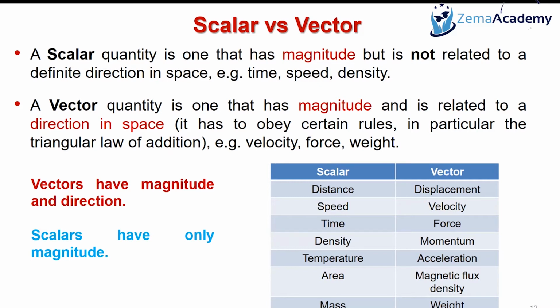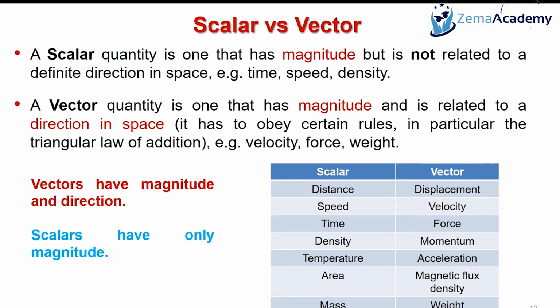Compared to that, vector quantities are the ones that not only have magnitude, but also a direction. On the screen, you can see some examples of those vector quantities. For example, it could be velocity. Now you know the difference between speed and velocity.